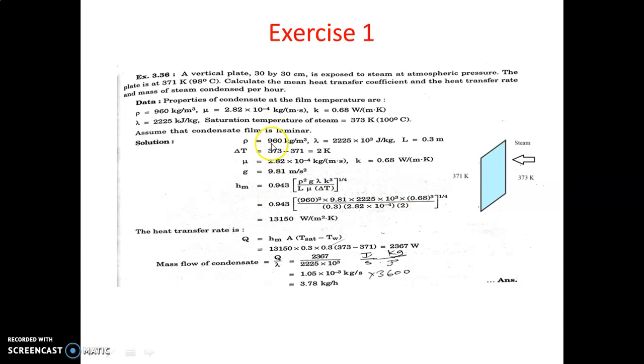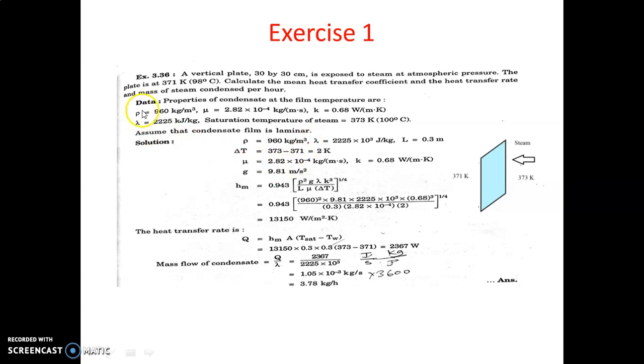So here a vertical plate 30 by 30 centimeter is exposed to steam at atmospheric pressure. I will read the problem first. The plate is at 371 Kelvin. Calculate the mean heat transfer coefficient, the heat transfer rate and the mass of steam condensed per hour.